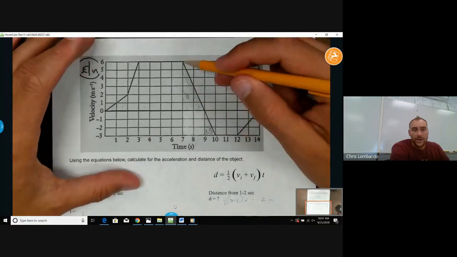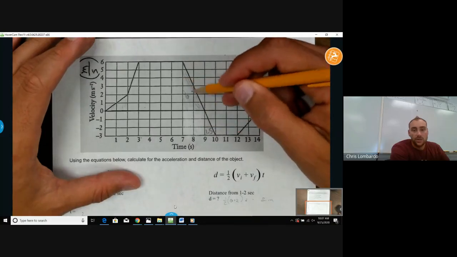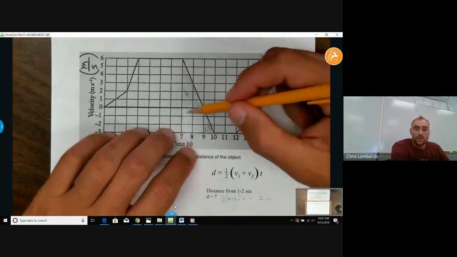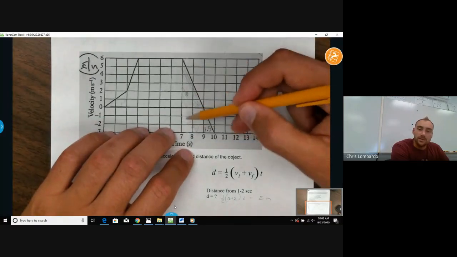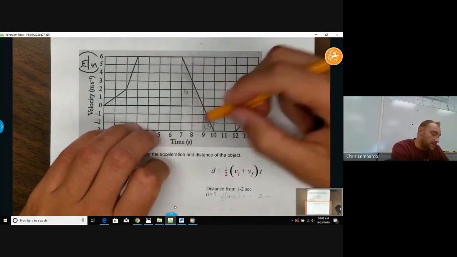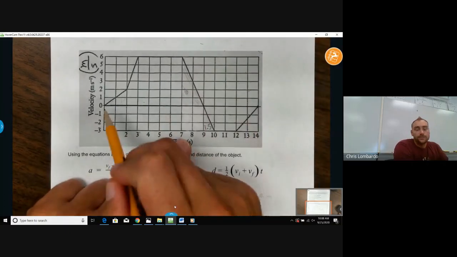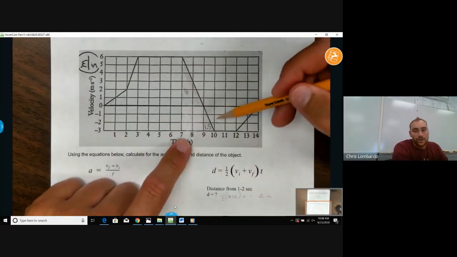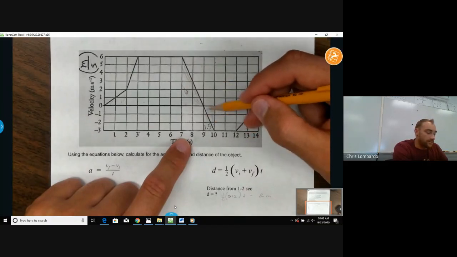So you would have had to break it down into 7 to 9 seconds, getting 6 meters that you moved. If you use that full time frame, you would also get this as the area under the curve, but it's no longer there because it's now gone in the opposite direction. Once it crosses over the origin, it's telling us it's moved in the other direction. So technically, this is now the area under the curve for that 9 to 10 seconds.